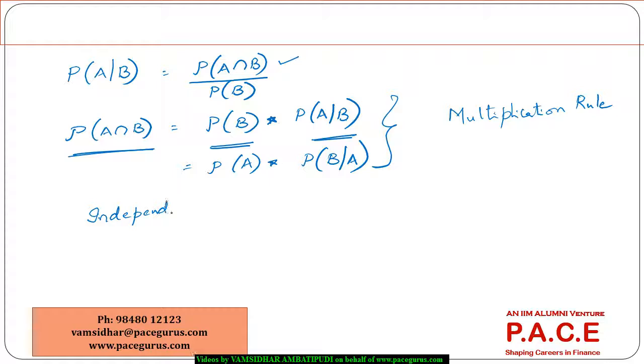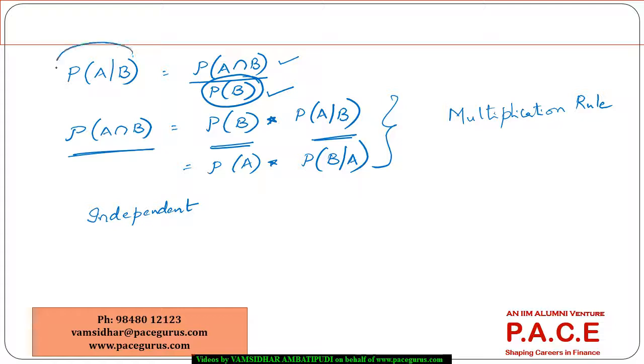What are independent events? Let's say we are talking about the event B occurring, and assuming event B has occurred, we want to find out the probability of event A occurring.